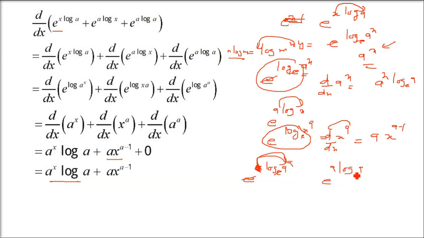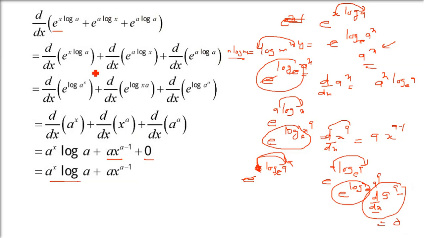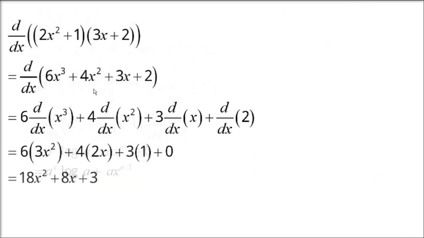You have to take a to the power a, then whatever is remaining, then you can cancel. Now a to the power a is there. But this a to the power a is constant, like the way we saw 3 to the power 3. It is constant. So you can just put it as 0. D by dx of any constant is always 0. So these two terms will come only. Now d by dx of these two terms.